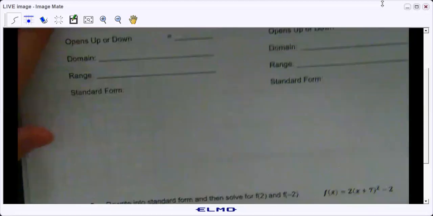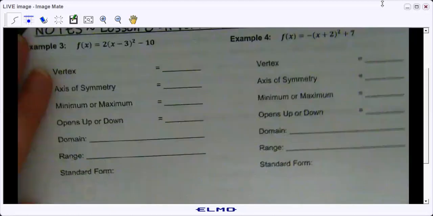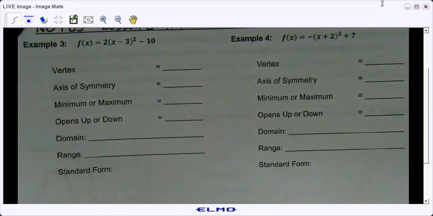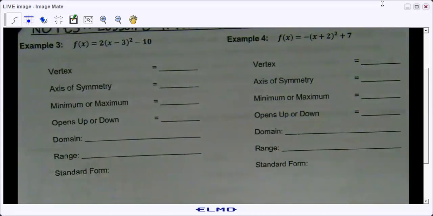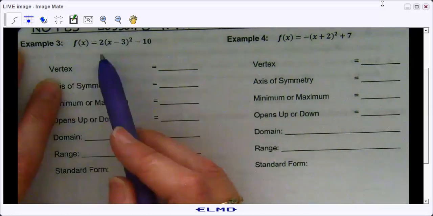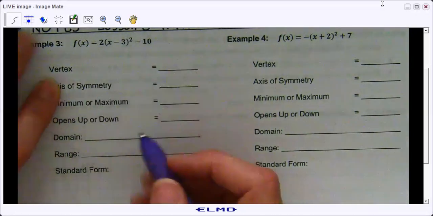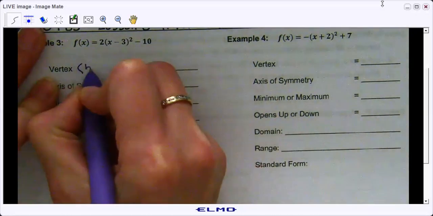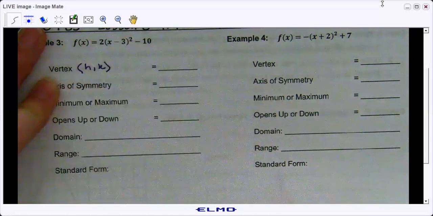So, all right. Now we're going to continue to read our equation. So what is the vertex in this equation? And remember, vertex is H, K, and we can label this up here.